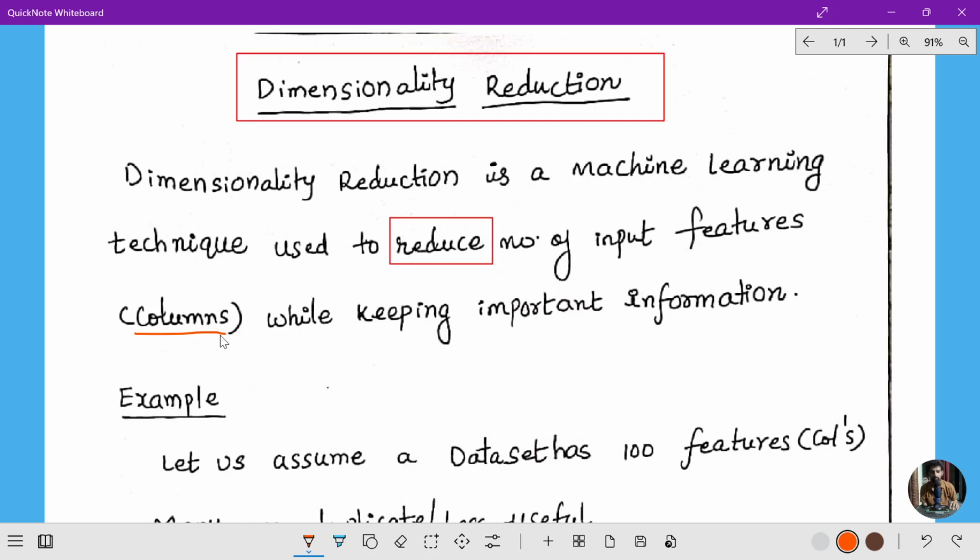It is very difficult to handle. Hence we are going to reduce the columns which are not required, while keeping important information. So dimensionality reduction is nothing but reducing the unnecessary data. We are going to remove the unnecessary data. So this is what we call the dimensionality reduction technique.